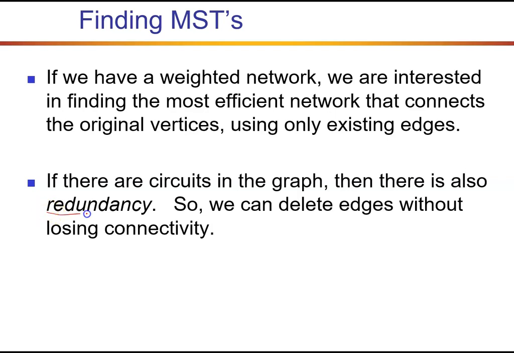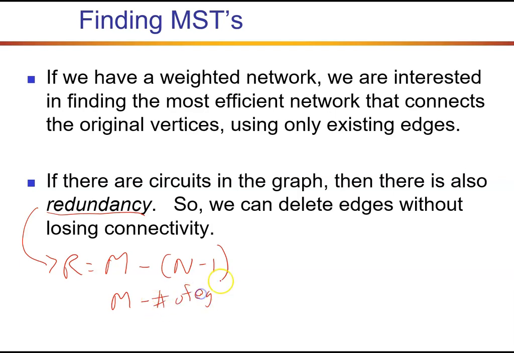We use a capital R for redundancy: if m is the number of edges and n is the number of vertices, then m minus n minus 1 will give us the redundancy.